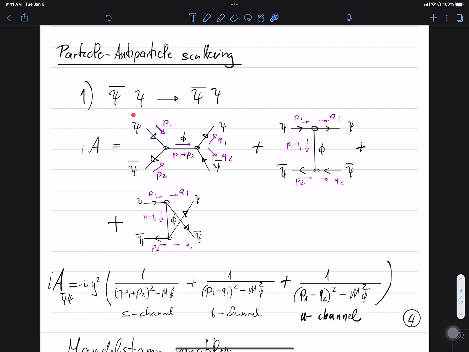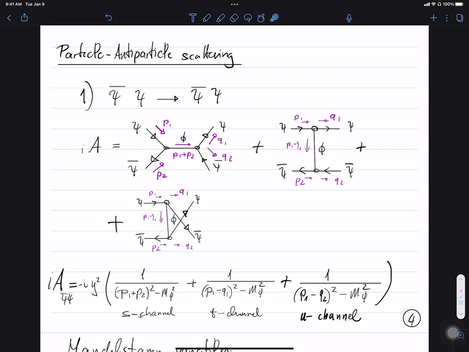The thing is, they can actually annihilate into a phi particle, and then that phi particle decays again into a psi bar, psi. So that would be a scattering process, even though in the intermediate state, both particles are actually gone. Still, it's just a scattering.